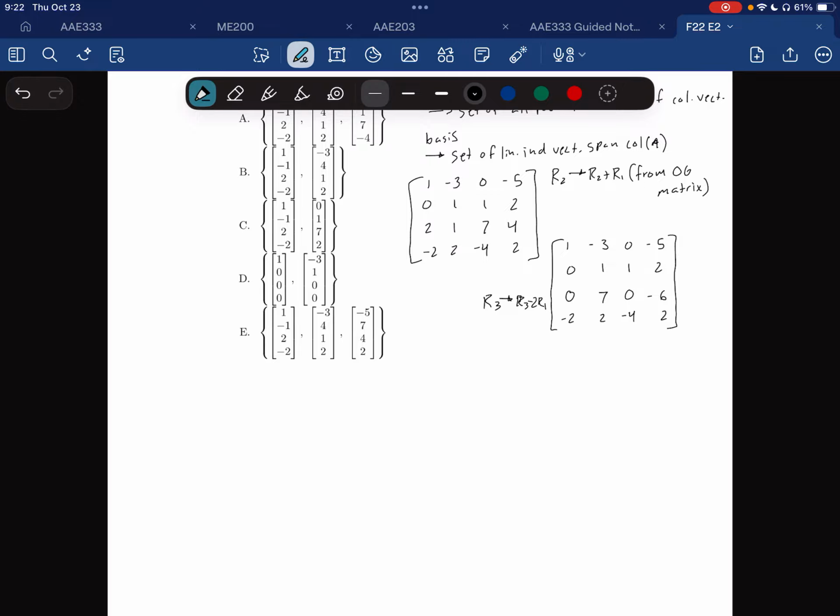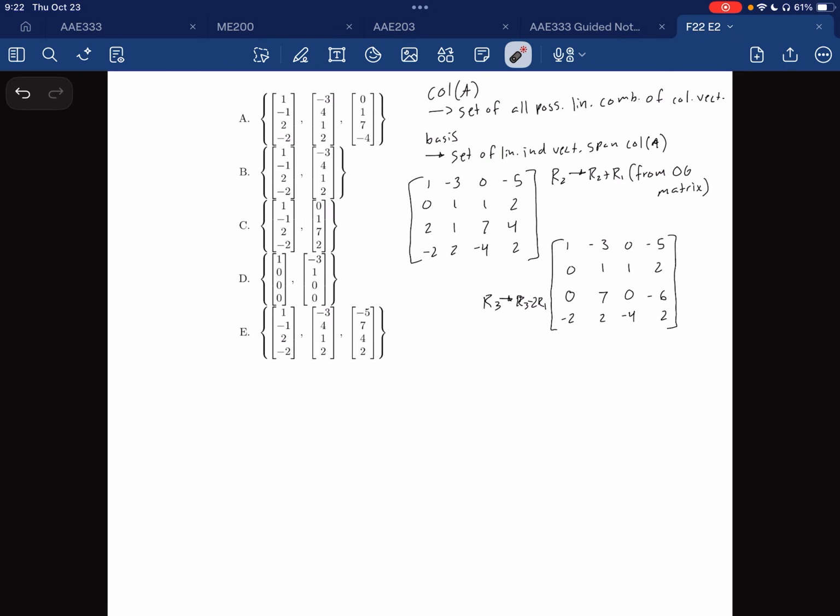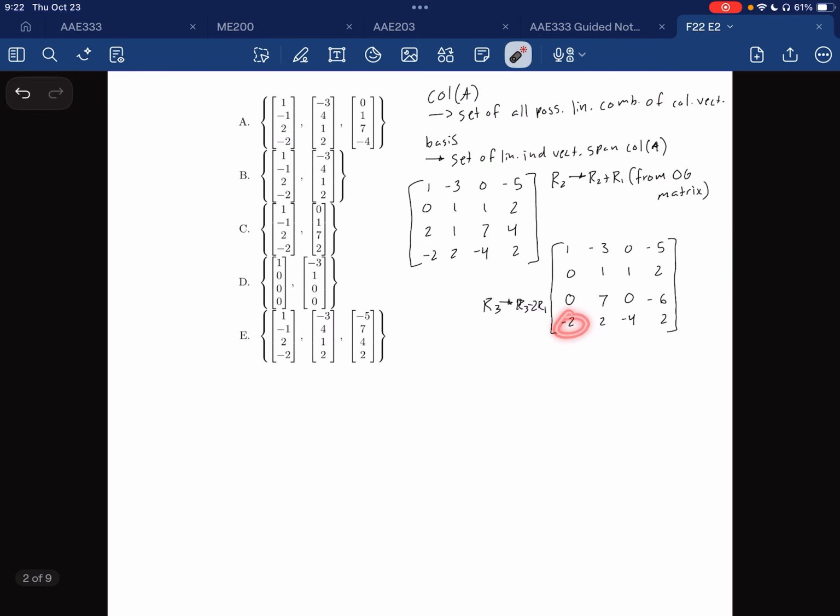And now I can say R4 is going to be R4 plus 2R1. Why? We can actually get rid of a lot here. But mainly I'm looking at this -2.